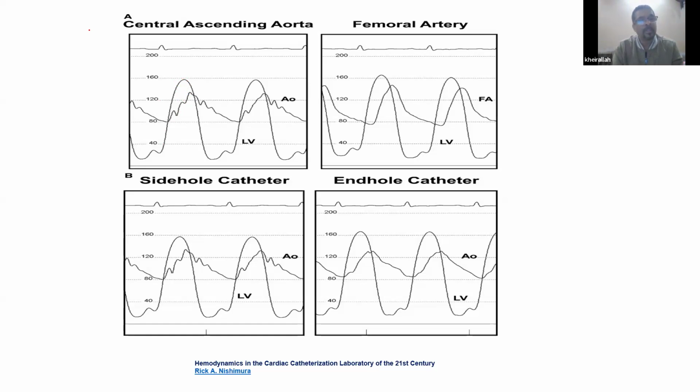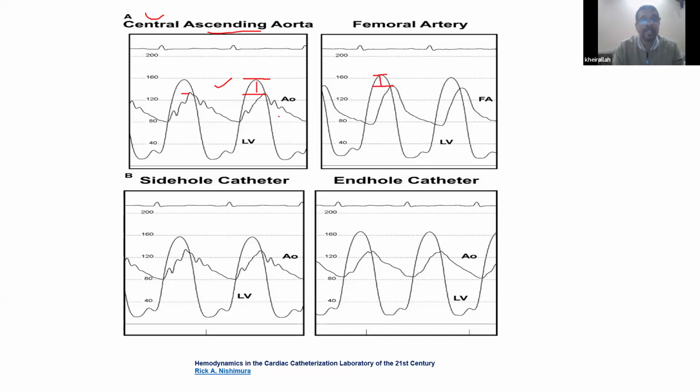Now, this aortic stenosis tracing is taken from the central aorta and this one from the femoral artery. Look at the difference between here and here. Here the pressure is more than here. This is for the same patient.